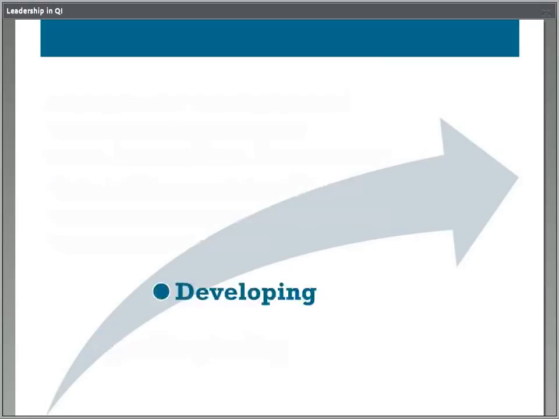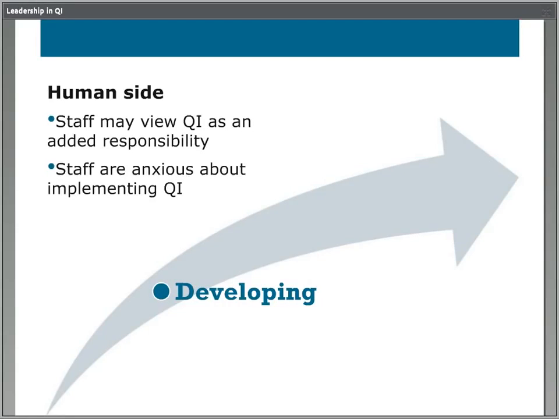As we move through to developing, where you're kind of starting to use these tools, we still might see that it's viewed as an added responsibility, and I hear this all the time, you know, people don't have time for it. But staff are also very anxious about implementing QI incorrectly, or whether it's going to be used to uncover negative performance. And this is really important.